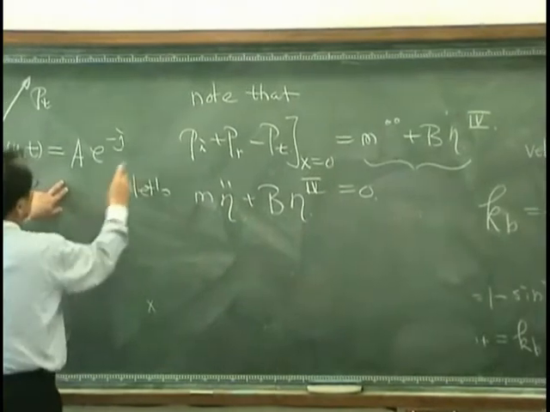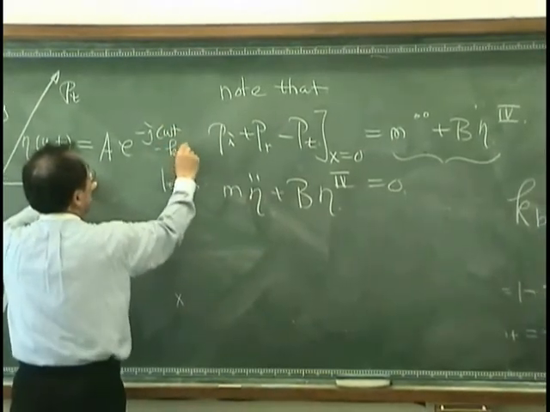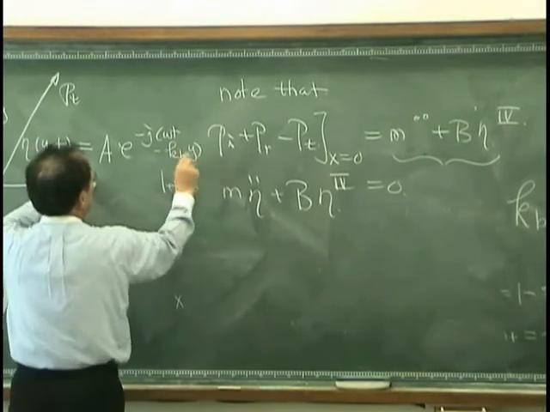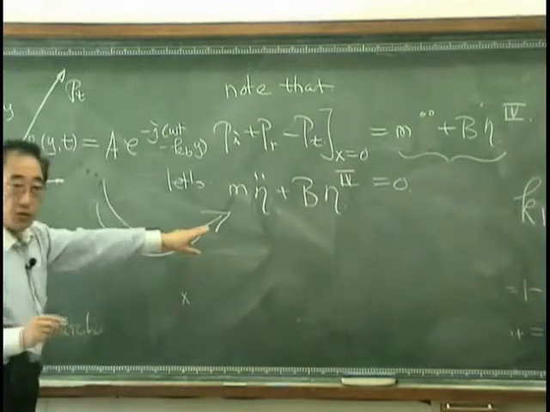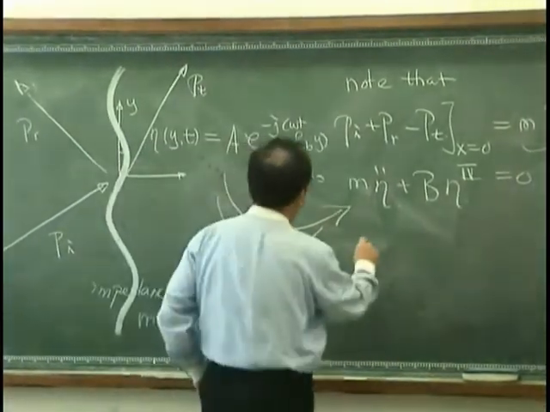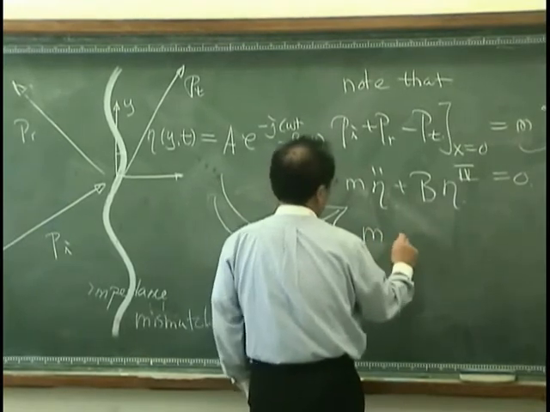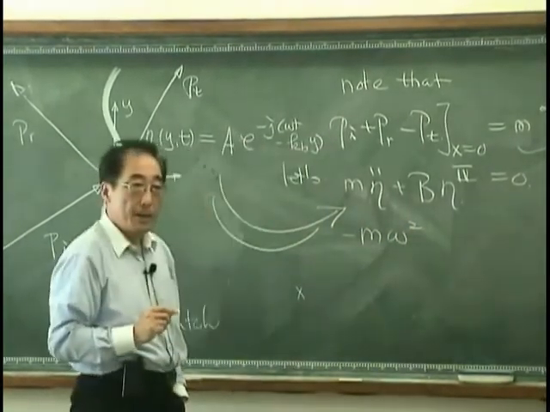And then let's use this assumed solution and plug it into the governing equation. Then we have m times minus omega squared, right?